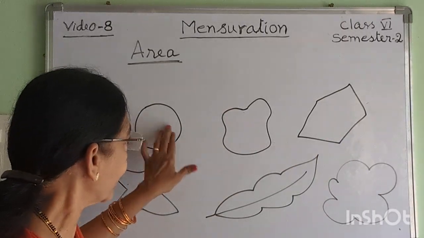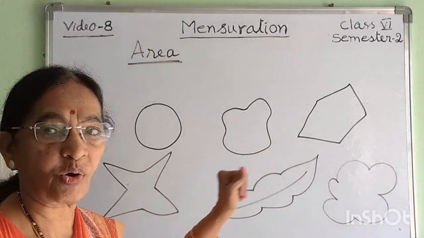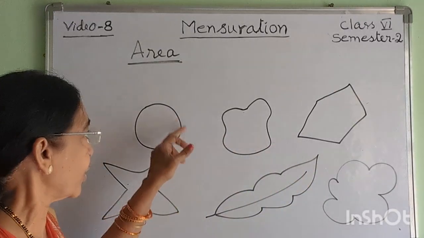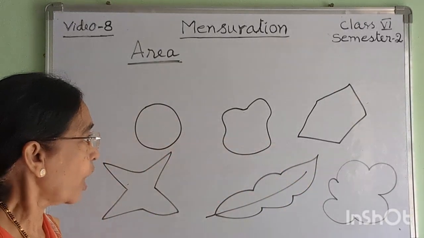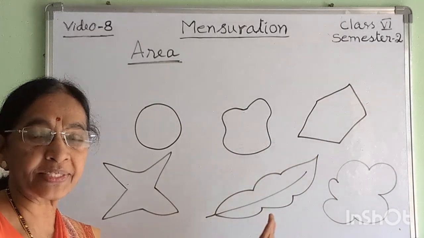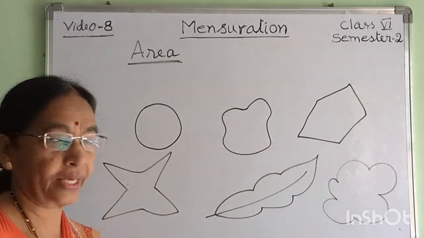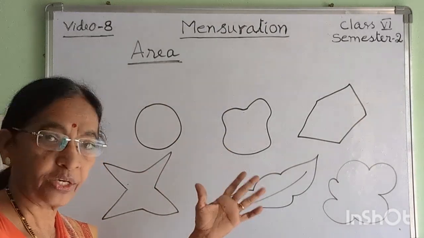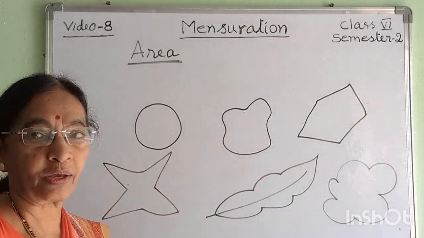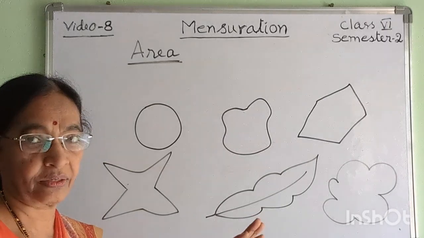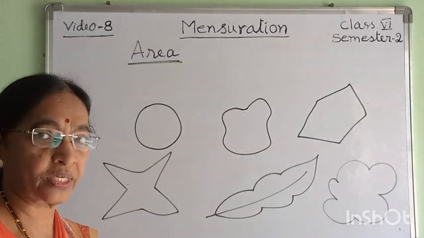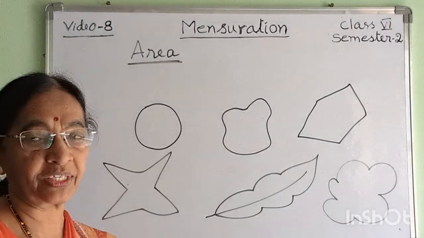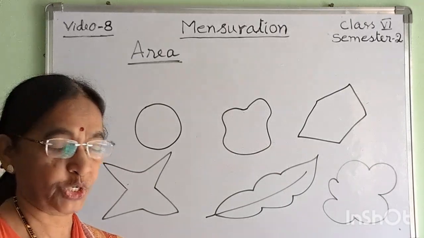The space occupied by a closed figure is called area. All these figures are occupying certain area. That area we can't measure just by seeing the figure. Now we will place them on a graph sheet and see how the area of different figures is measured.